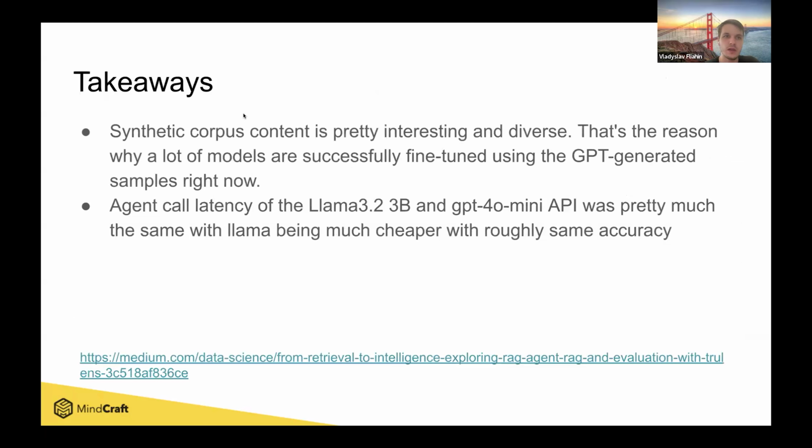So, takeaways. Synthetic corpus content is pretty interesting and diverse. That's the reason why a lot of models are successfully fine-tuned using GPT-generated samples right now. And agent call latency of the Llama 3.2 3 billion and GPT-4 Mini API was pretty much the same, with Llama being much cheaper with roughly the same accuracy.